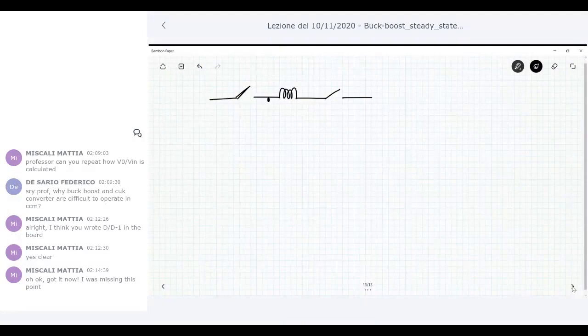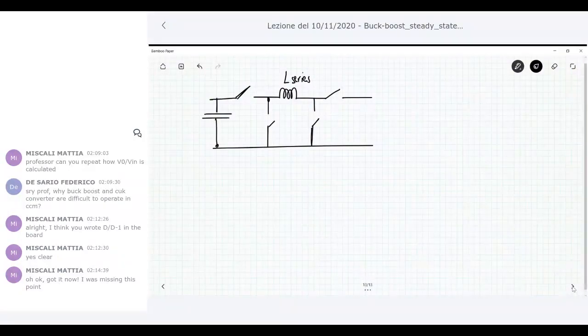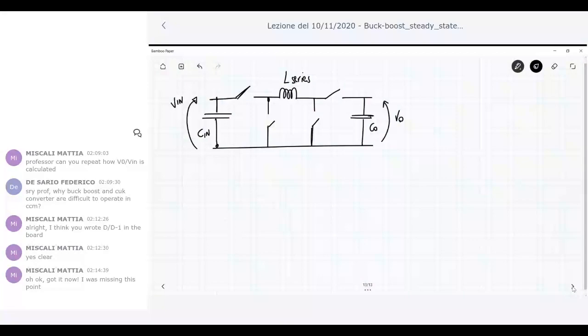So I have the inductance. I have another switch here. And so I have these two switches. This is L. Let me call this L series, okay, because it's the series L1 plus L2. C in, V in, C naught, this is V naught.